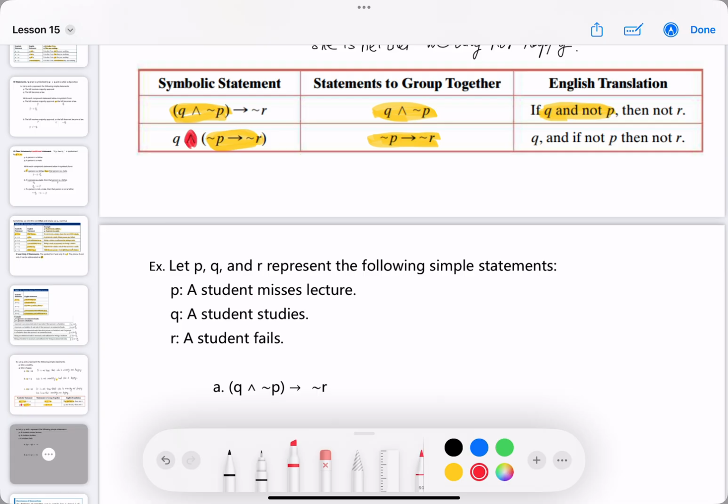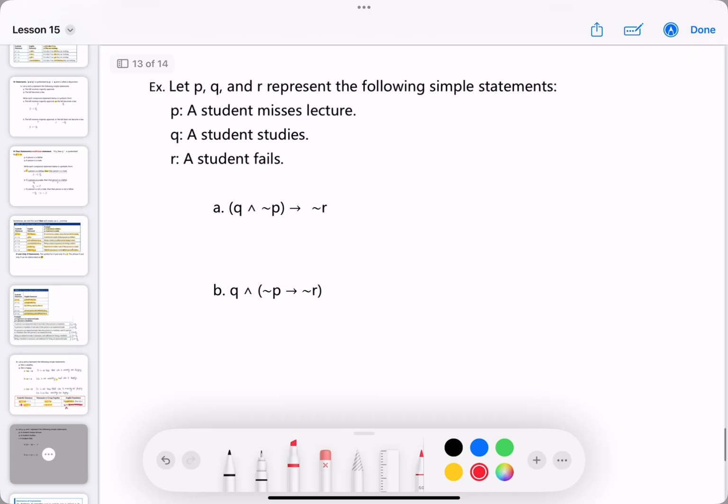The first part is Q, comma. The second part, the grouped part, is and, because of the conjunction. This one is and. If not P, then not R. This is my parentheses. Let's do some practice.